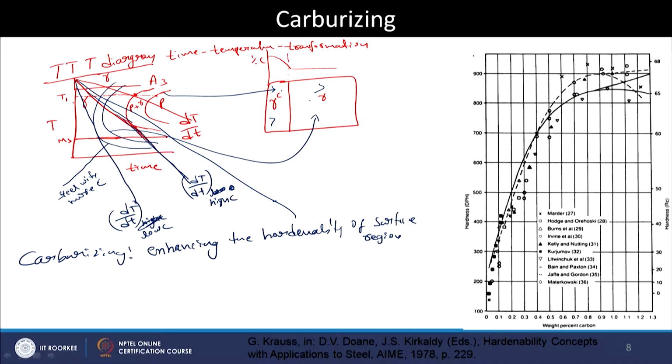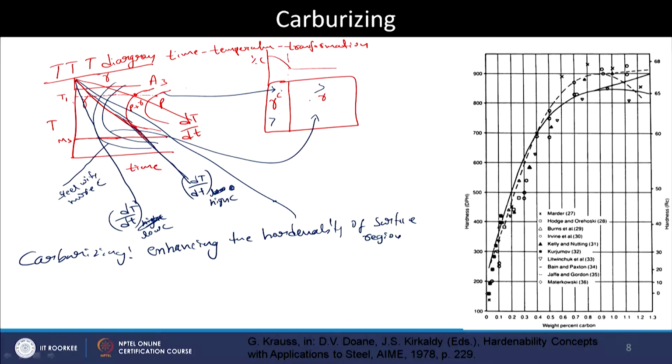Now, what is shown in this plot on the right is how the hardness of the martensite changes with the amount of carbon. The x axis is weight percent of carbon, and the plot shows how the hardness is changing. Here it is the Rockwell C scale, and also the diamond pyramid hardness number, another means to look at the hardness.